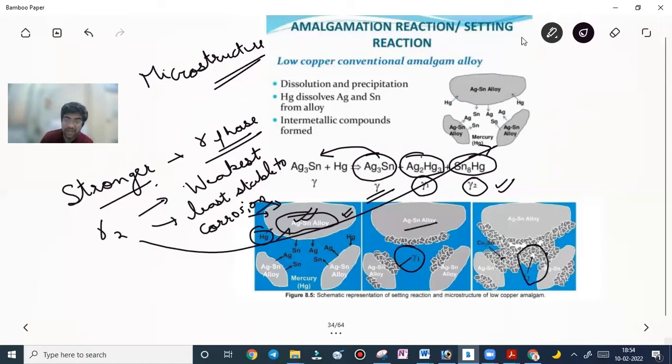The property of the hardened amalgam depends upon the proportion of each of the reaction phases. If more unconsumed Ag3Sn, that is gamma phase, is present, the stronger will be the amalgam. So this was all about the low copper conventional alloys.